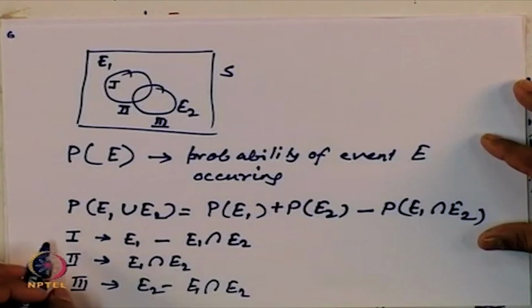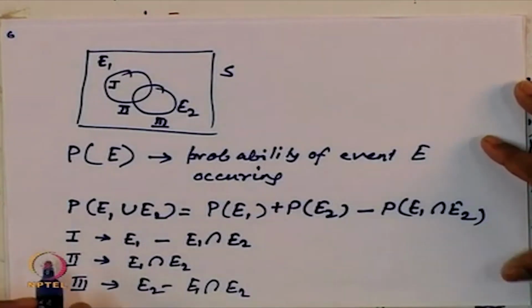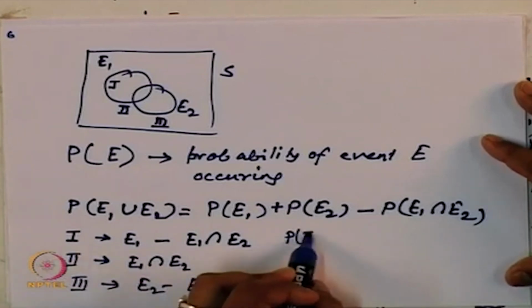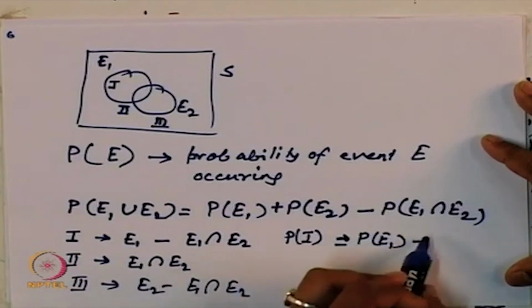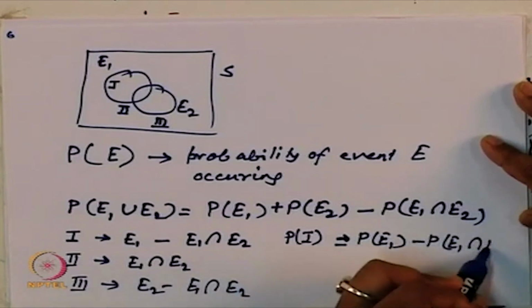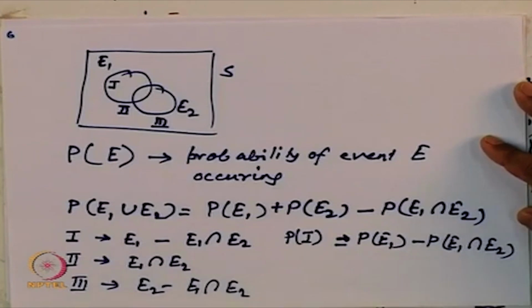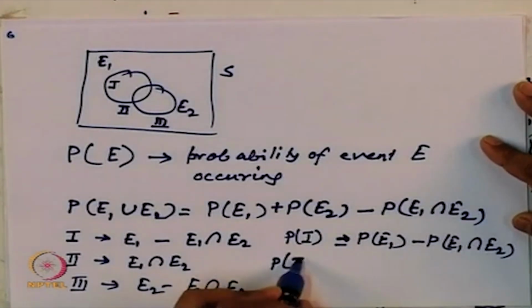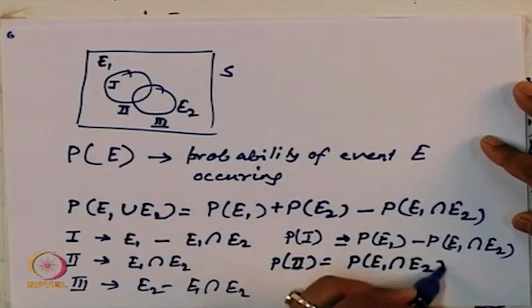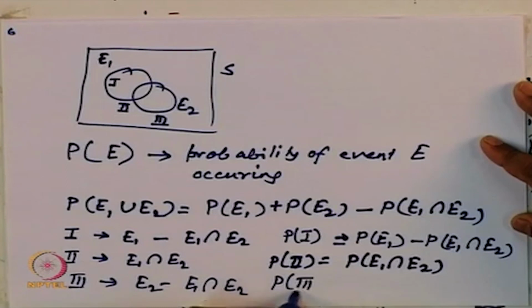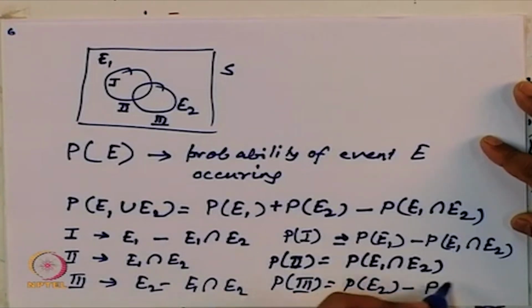If I calculate the probabilities and add them up, I can write probability of event 1 is equal to probability of E1 minus probability of E1 intersection E2. Probability of 2 is equal to probability of E1 intersection E2, and probability of 3 is probability of E2 minus probability of E1 intersection E2.